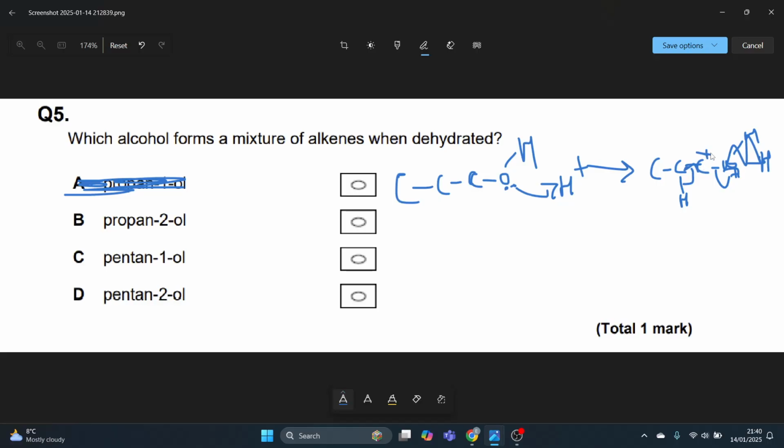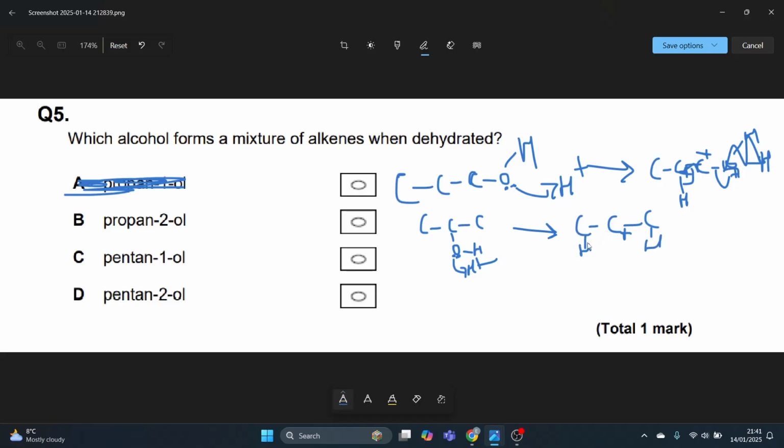Once the positive carbocation is in the middle, that's when you can form generally a mixture of alkenes. In this case, propan-2-ol, then propane, alcohol group here, bonds, perfectly fine, leaves, and then obviously same thing here, H2O molecule leaves, you've got a positive charge here, so surely it's propan-2-ol.